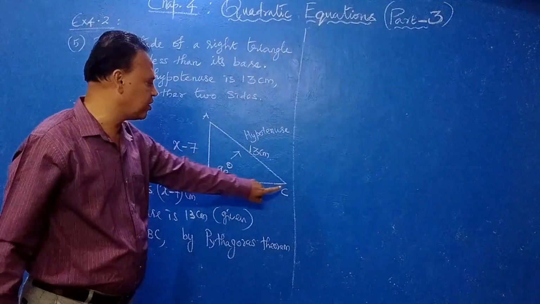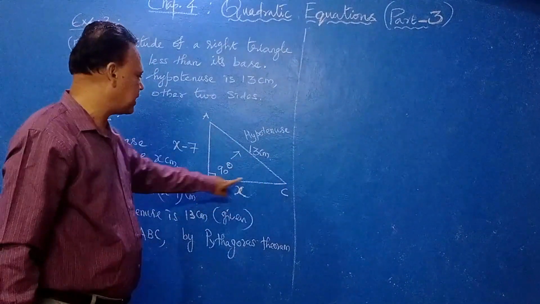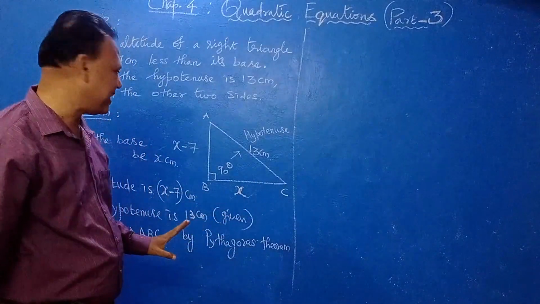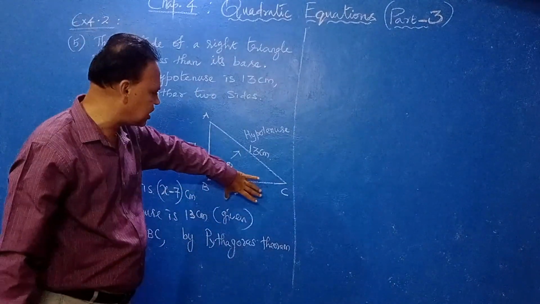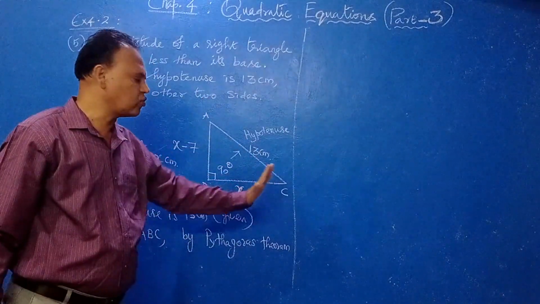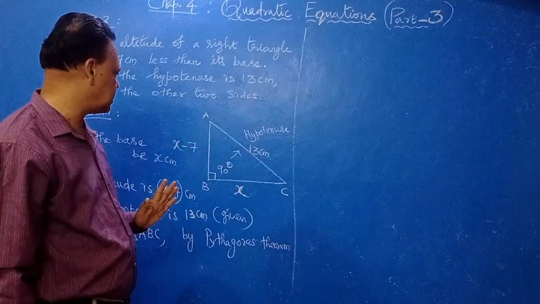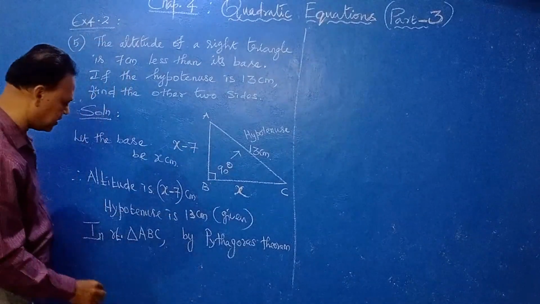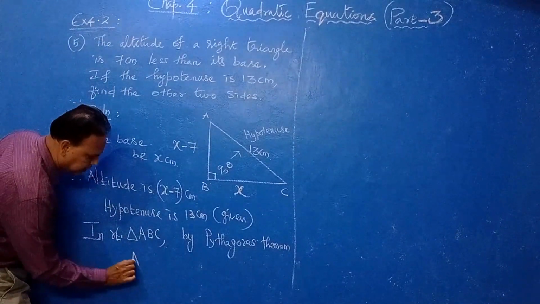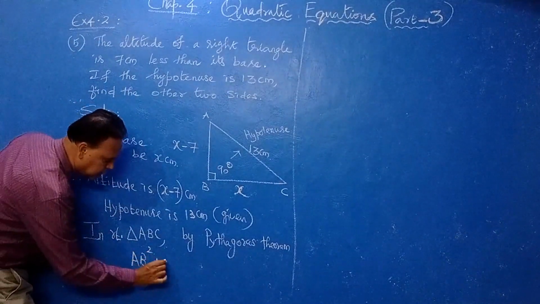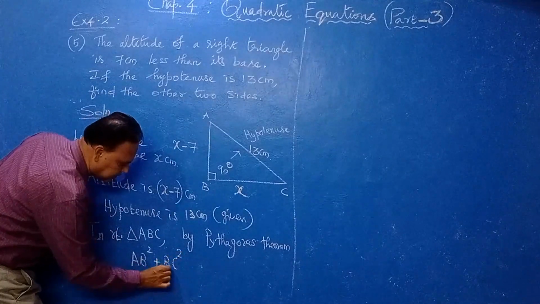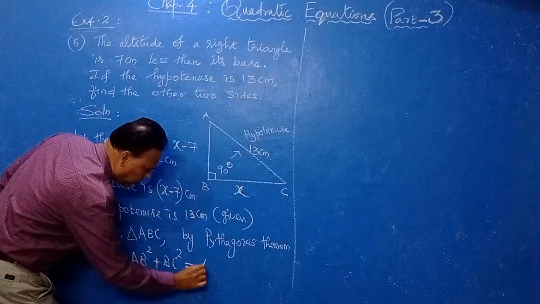AC squared equal to AB squared plus BC squared. Or you can write like this also: AB squared plus BC squared equal to AC squared. Always you have to remember the statement of Pythagoras theorem. So AB squared plus BC squared is equal to AC squared.